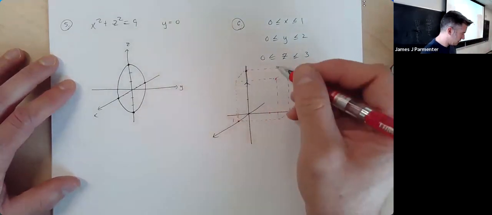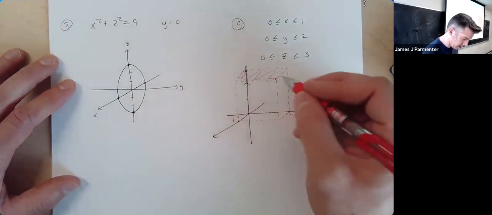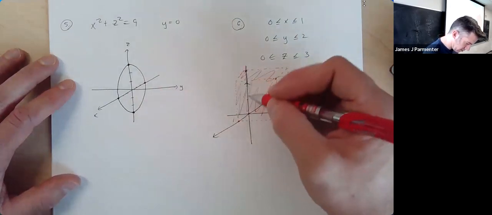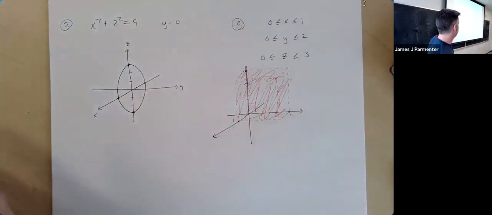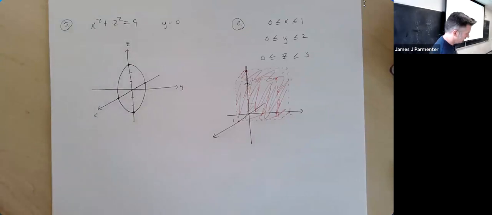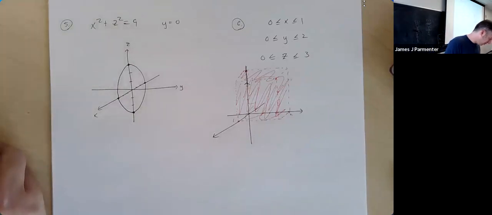And then it's all of that. So scribble away to your heart's content, everything in there from front to back. That's not my favorite thing to do. It feels kind of silly. I could write words. It is the box that contains those points.